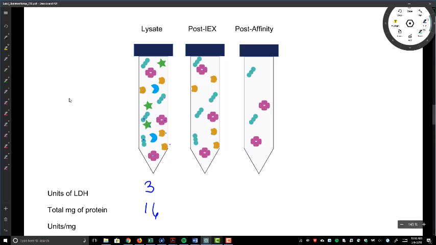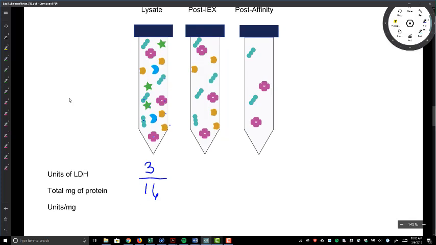If we divide the units of LDH by the total milligrams of protein, we get a specific activity, or units per mg, of 0.1875.